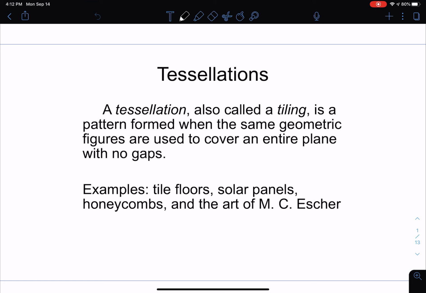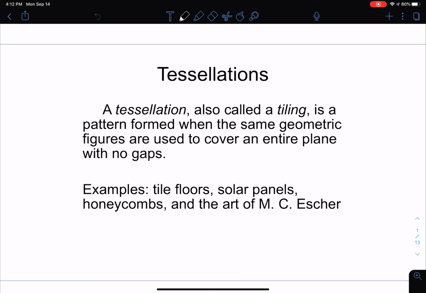Your floor is like a finite version of a plane. A plane's flat like that, but it's infinite and keeps going in all directions. Also, technically, a plane has no thickness, so your floor is not a plane, but it's a nice way to think about one. Some other examples in real life you might see are solar panels. I believe off I-4 there's a solar farm that went up a few years ago.